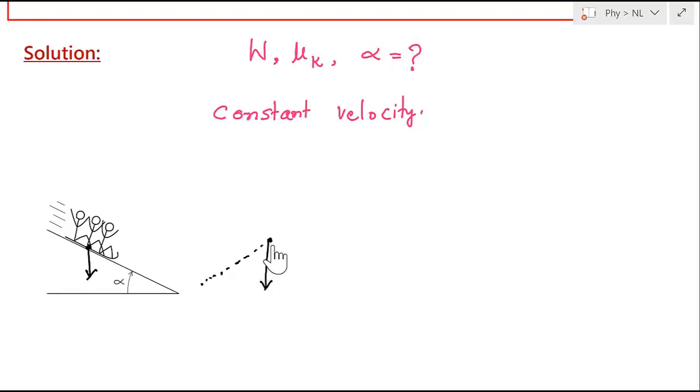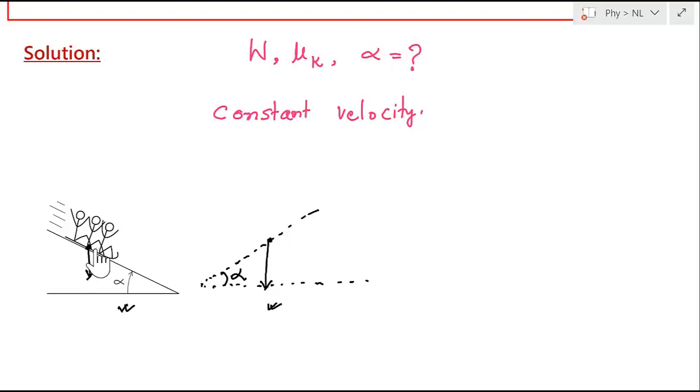So I can show something like this. This is my inclined surface and this angle is alpha. It does not matter whether I show it like this or like this, as long as we are considering the inclination and angle, it will not make any difference in the problem.